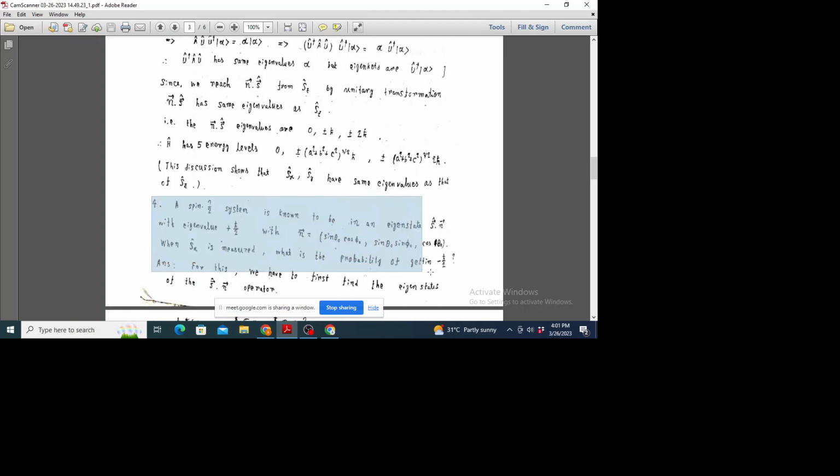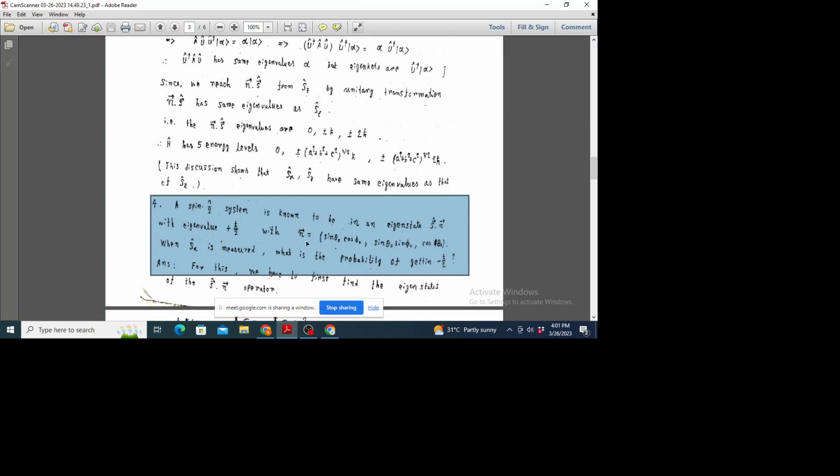So consider this. A spin-1/2 system is known to be in an eigenstate of this operator S dot n with eigenvalue plus or minus h cut by 2.